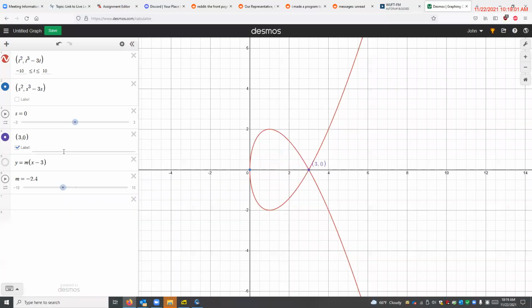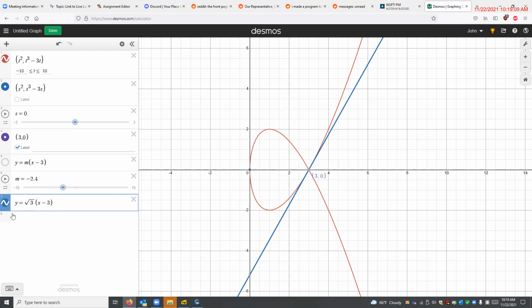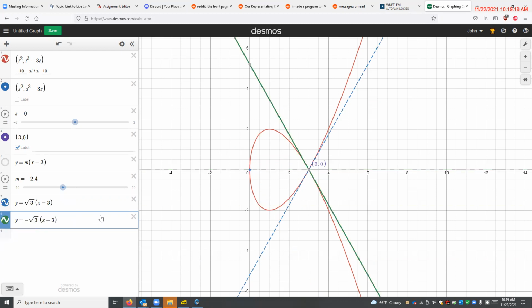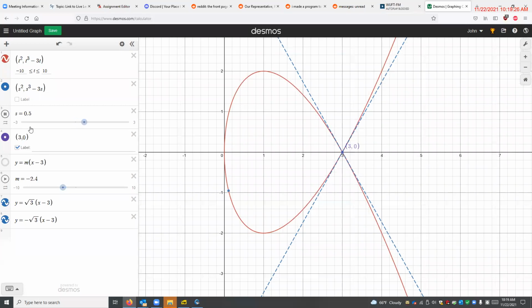If we look back at Desmos, I can enter these explicitly. There's the first. There's the second. And that's the whole picture.